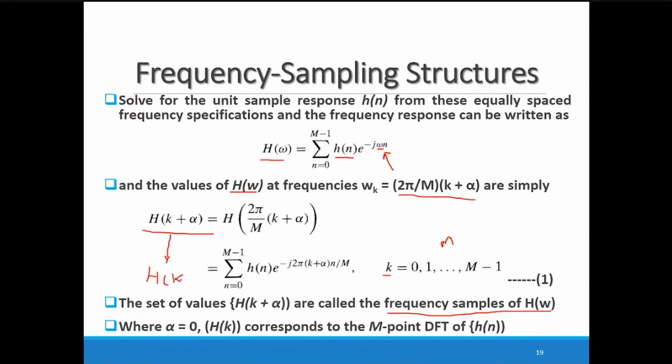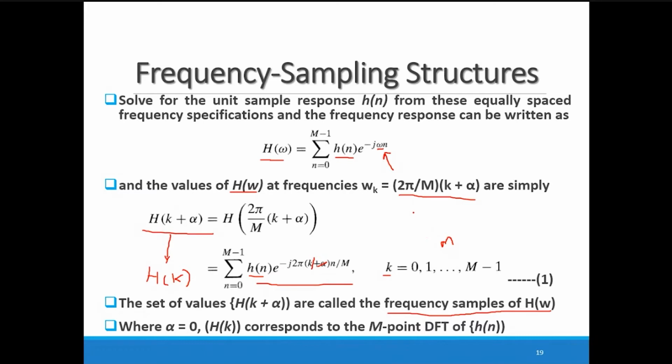If you simplify this equation, you get h(n) into e raised to minus j2 pi k n by M, with the alpha term removed. This is the same equation we have written for the DFT.